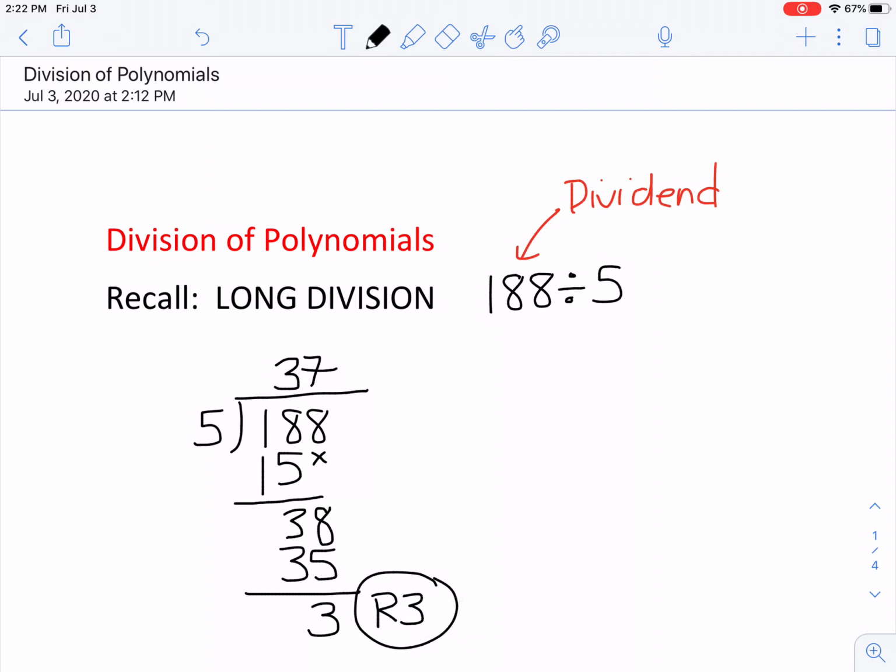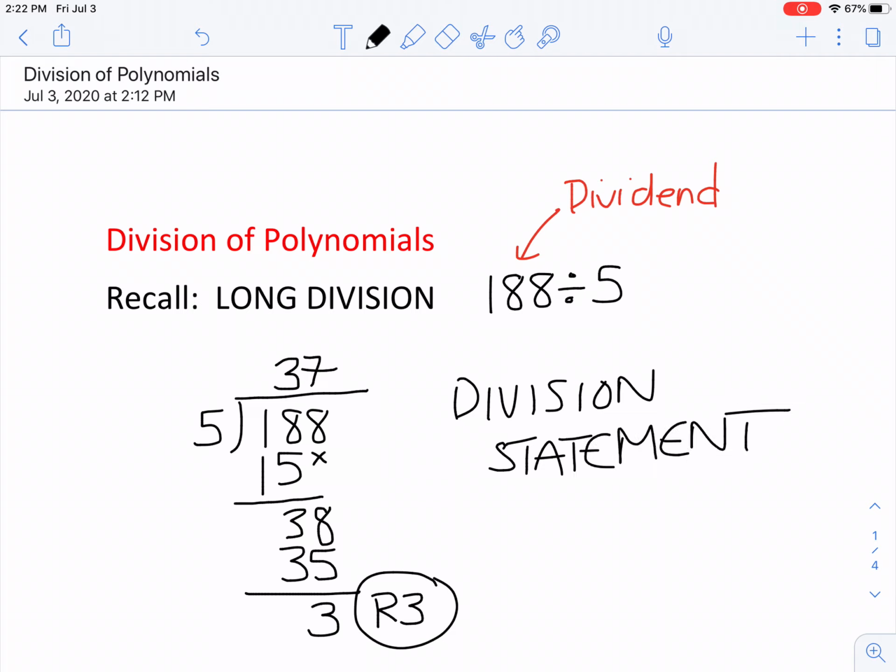So if I was to write a little bit of a division statement for this question, I could say that 188 can be broken down as 5 times 37 plus the remainder, which is 3.